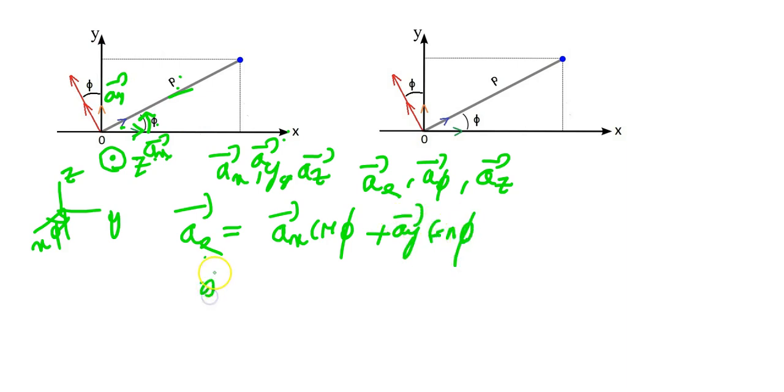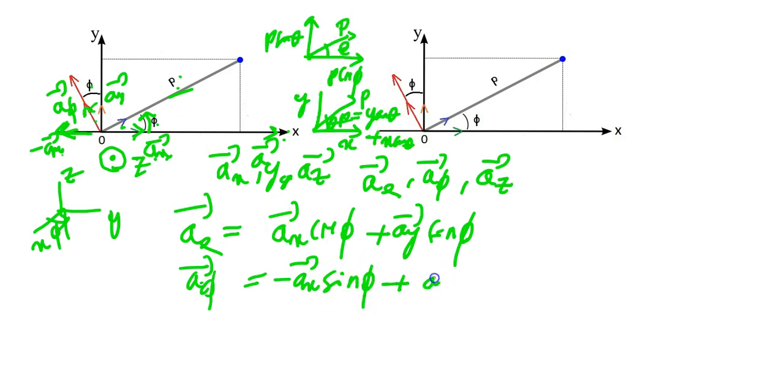Similarly you can write a phi. If this is your a phi, how can you write it in terms of ax and ay? This will be minus ax sin phi plus ay cos phi. Then az remains the same. Az is az.